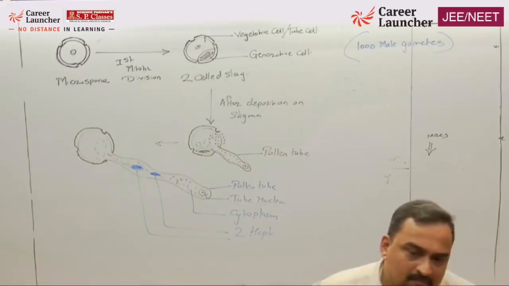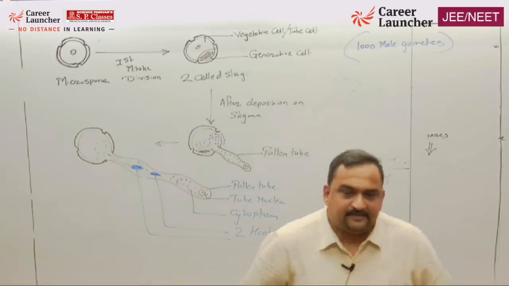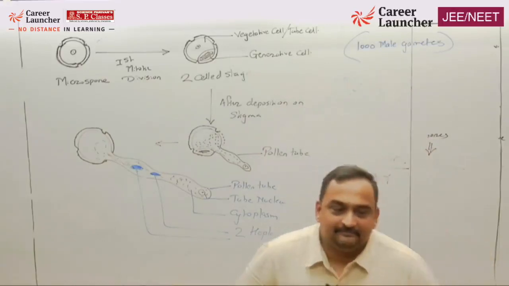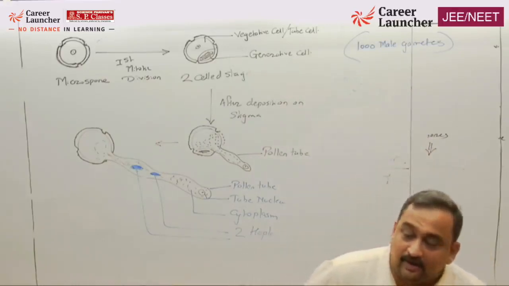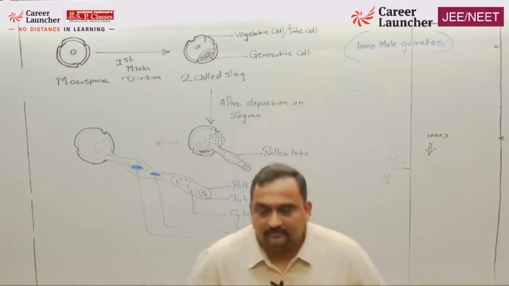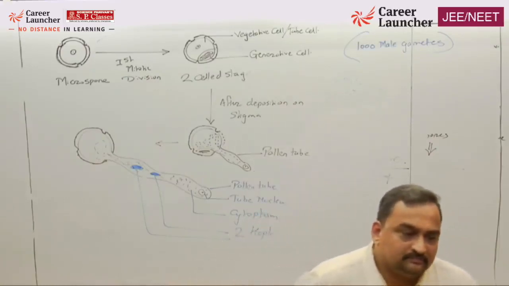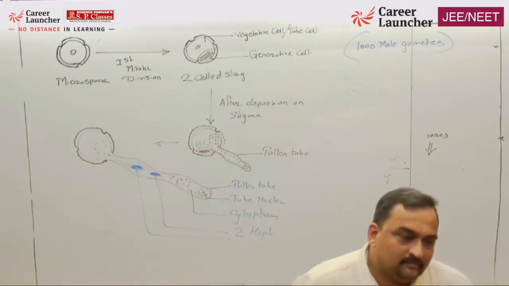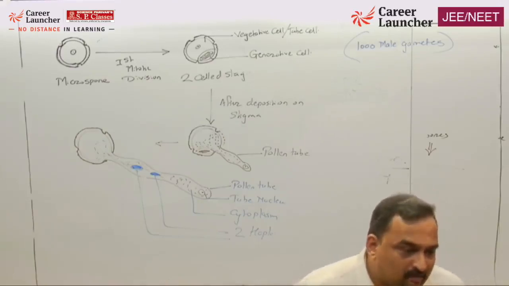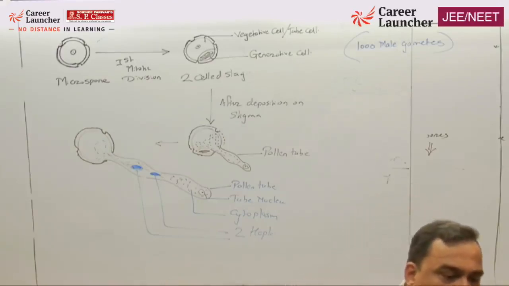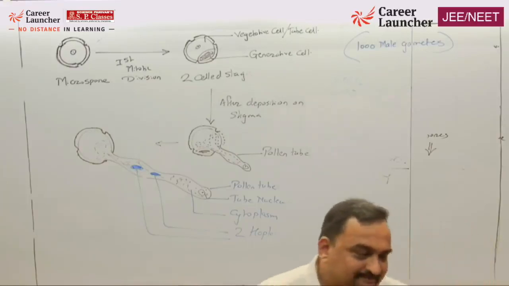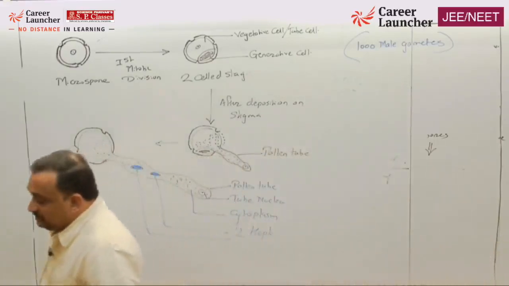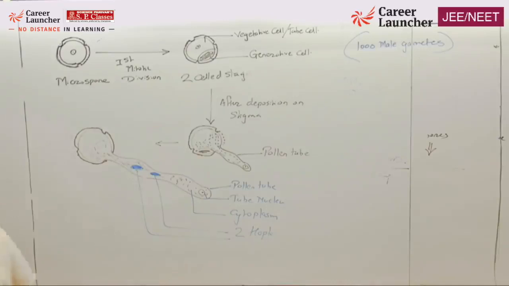Understood or not? Next. How many meiotic divisions are required for formation of 53 male gametophytes?